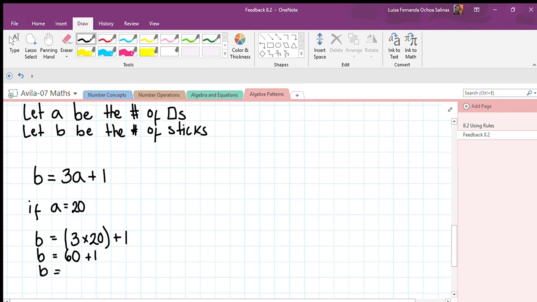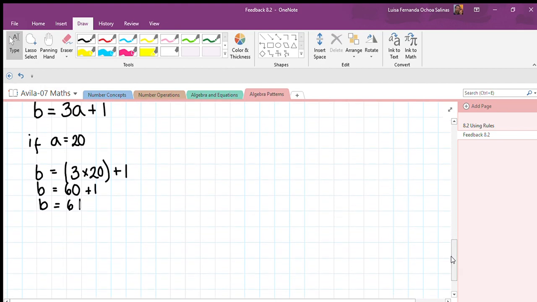B equals 61. But remember that that's not the end of my answer. Then I have to write it in a full sentence. So for the full sentence, you read your question again: use your rule to work out the number of matchsticks required to construct a figure with 20 squares. So I can write it here.